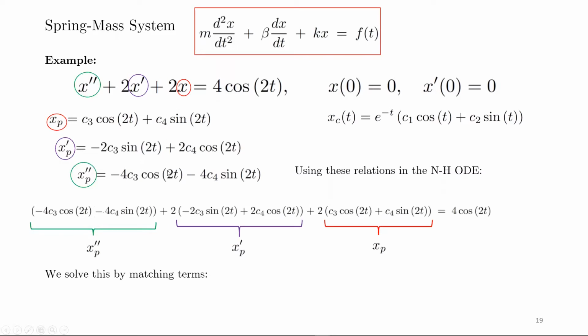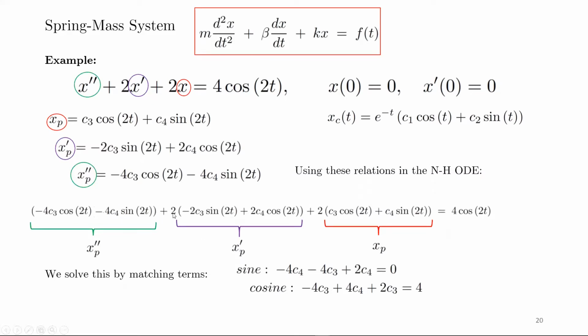We can solve this by matching terms. Let's work from left to right. For the sine terms, we have negative 4 times c4 sine 2t, so negative 4 c4.